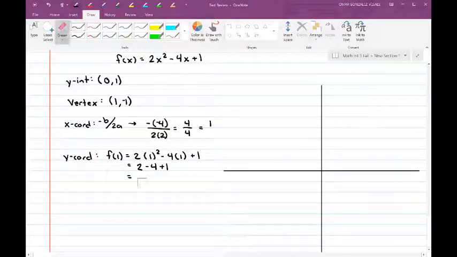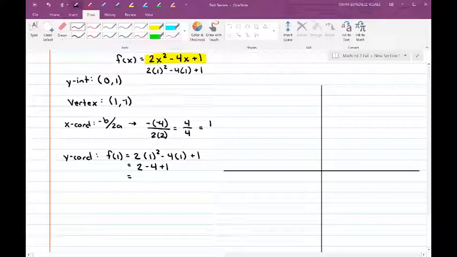Isn't it supposed to be 4 minus 4 plus 1? So I'm plugging it in here, dude. It would be 2 times 1 squared minus 4 times 1 plus 1. So I think what you're doing is 2 times 1, right, and then squaring it? You can't do that. First the exponent. So first you have to do 1 squared, which is 1, and then multiply by 2. Does that make sense, Ralph?